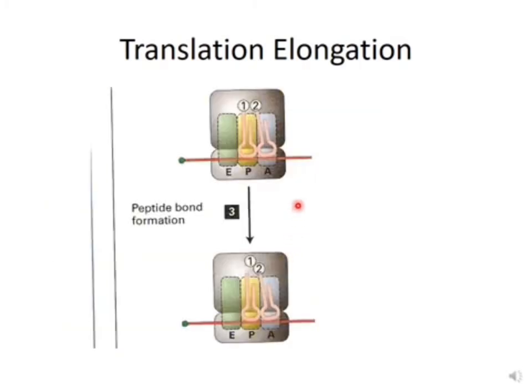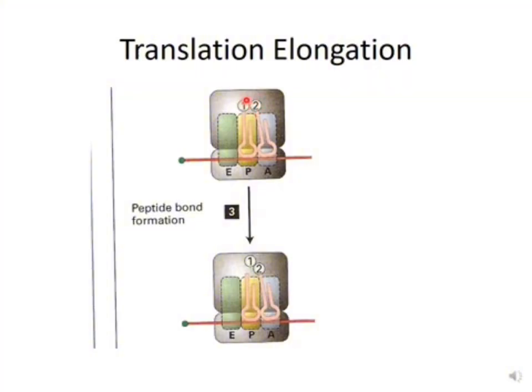So this is what happens. The change in conformation of the ribosome is going to bring closer the amino acid on the P site, and since this is the first one, it's a methionine, and the amino acid on the A site.